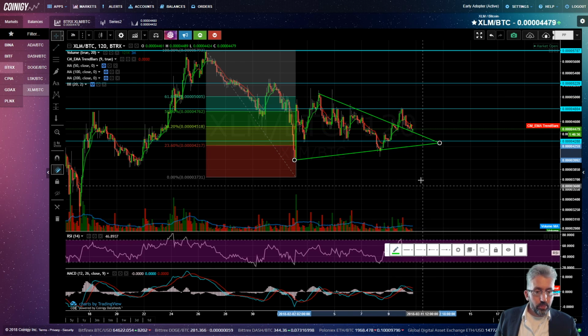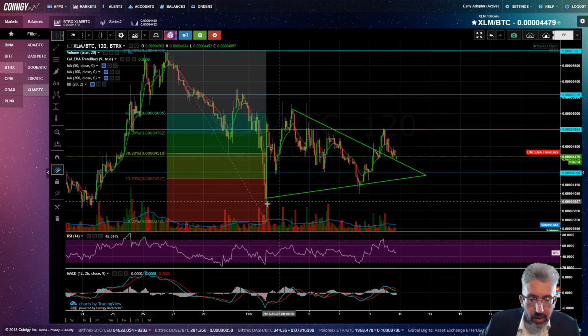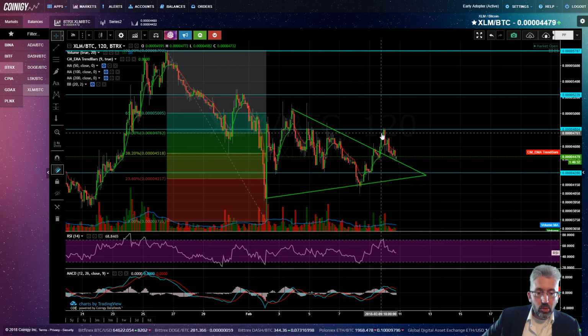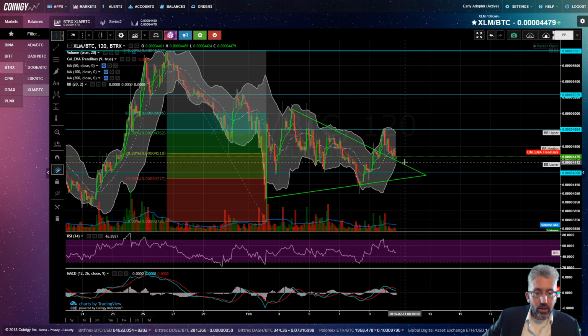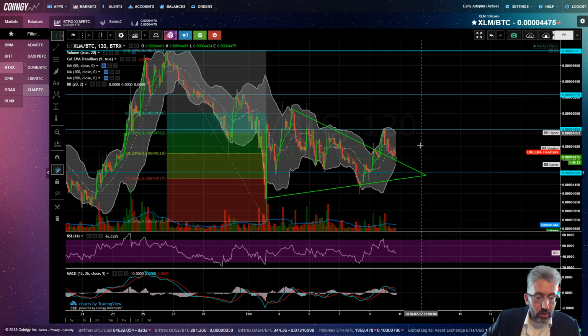Make this one green too. So it looks like we have a pennant here where we broke out, and right now we're falling back, and where the pennant used to be the resistance level seems to be now support. And that would mean that with this lower Bollinger level, we might be trading in this area for a little bit before we actually go up again.